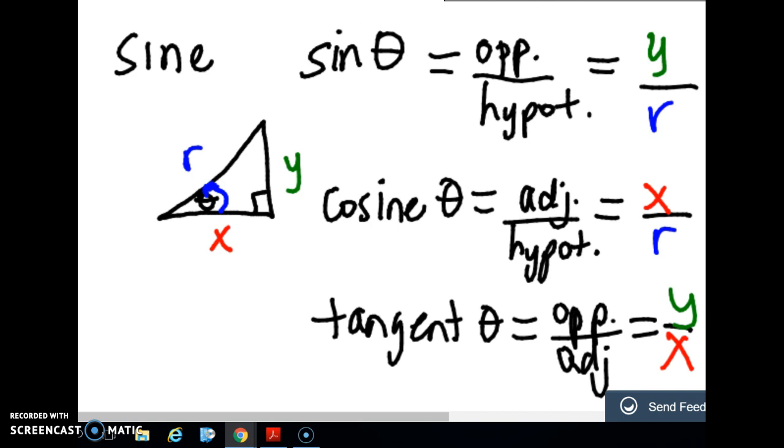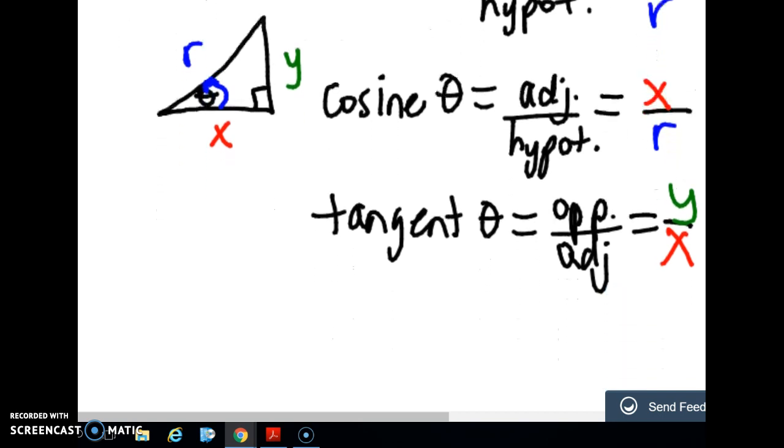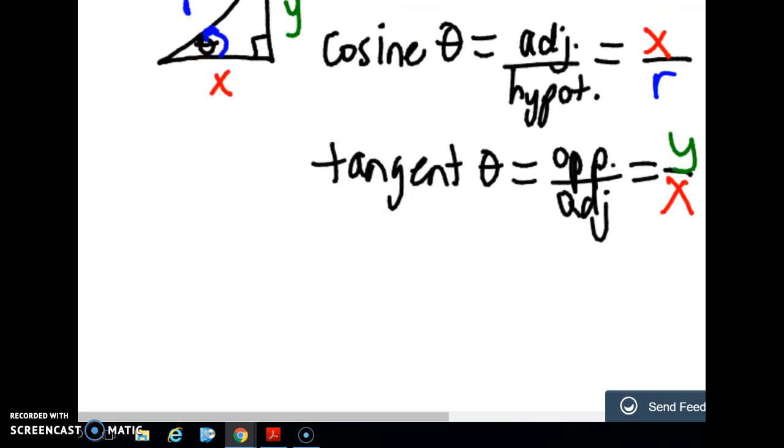The other trig functions are inverses of these three original ones. So cosecant is the reciprocal of sine.